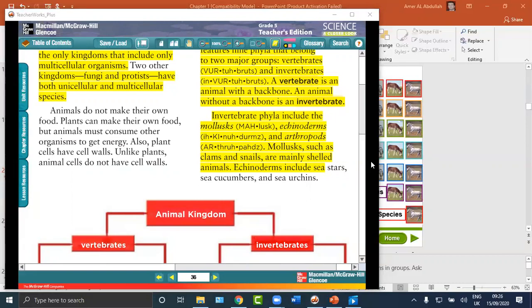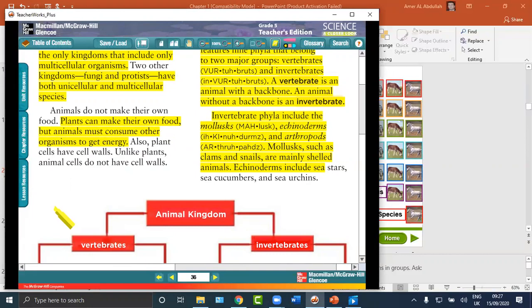Adam Husari, yes, read. Animals don't make their own food. Plants can make their own food, but animals must consume other organisms to get energy. Also, plant cells have cell walls.